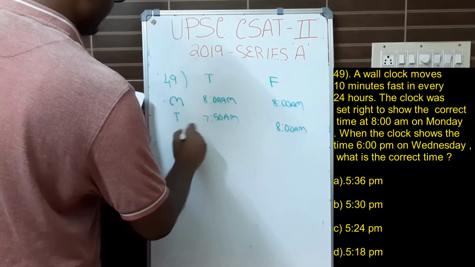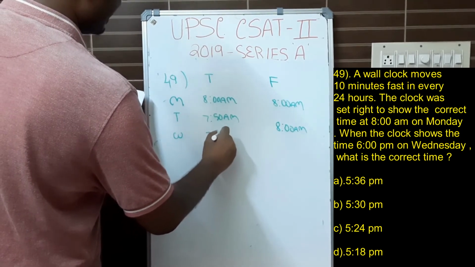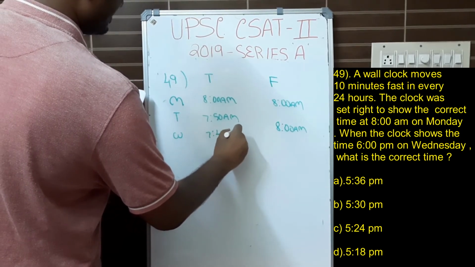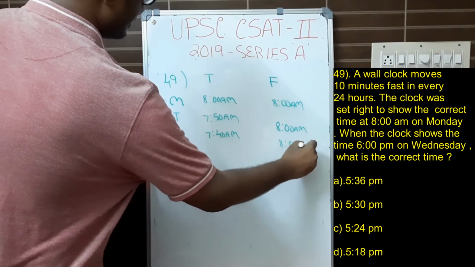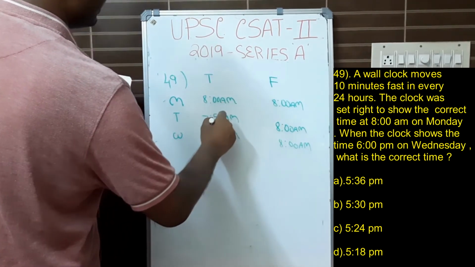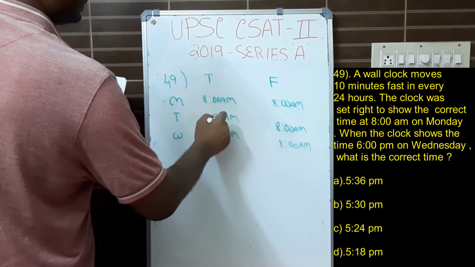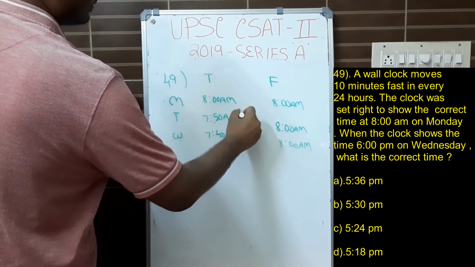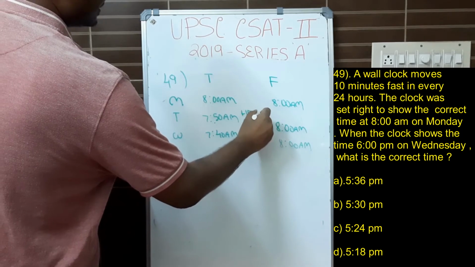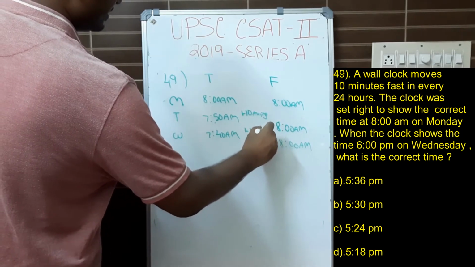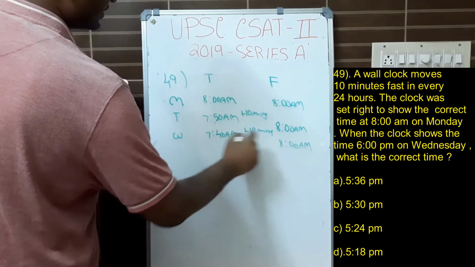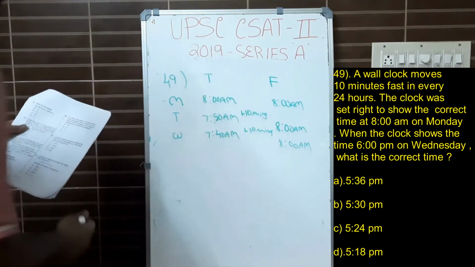Similarly on Wednesday, it should be 7:40 am when it shows 8 am. For every 24 hours, there is a difference of 10 minutes. This clock is 10 minutes faster, plus 10 minutes, then plus 10 minutes again, that is 20 minutes. 7:40 plus 20 minutes, you will get 8 am.